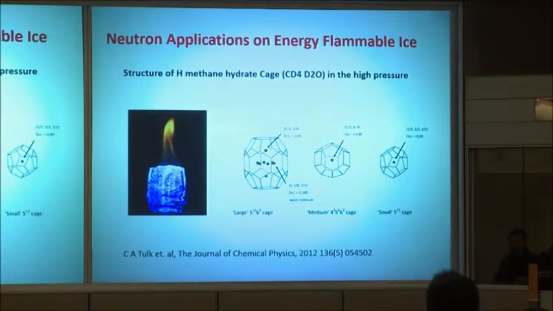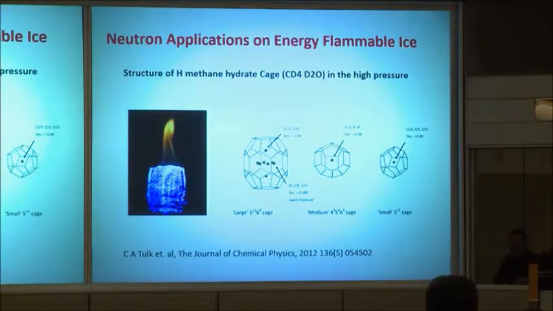Also, for flammable ice, that's a very interesting new energy source. This kind of material is in the deep ocean, under high pressure. When you study this kind of material, you must use a vessel with high pressure. Light sources cannot penetrate the vessel.